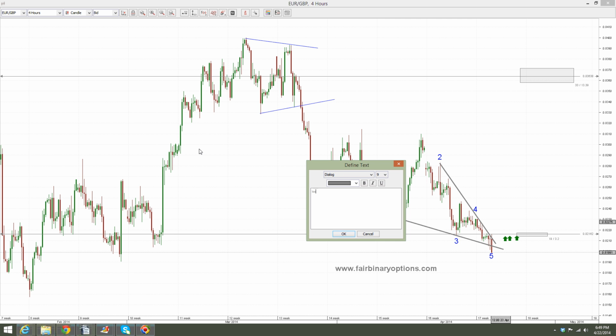Looking to buy call options by the time 0.8216 comes, with end of week expiration date. End of week expiration date, trying to avoid the volatility.